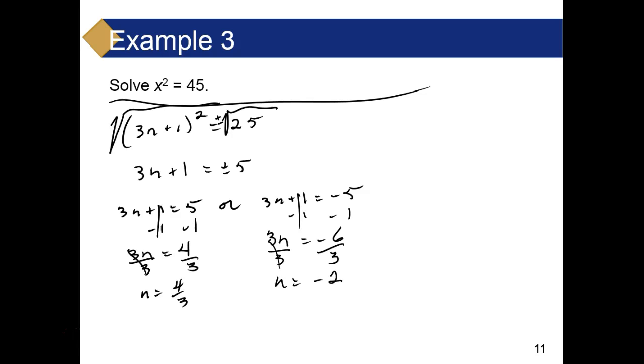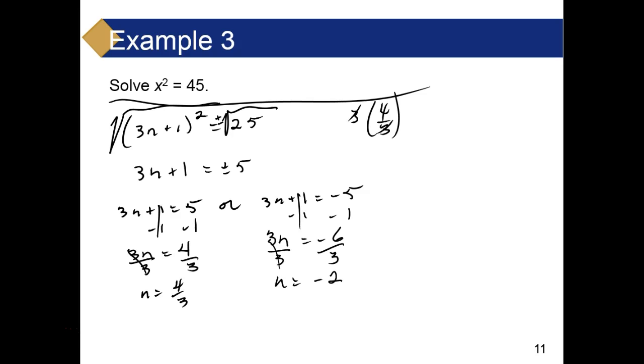It's 4, yeah. 3 times 4/3. The 3's go out because they're dating. No, I'm sorry. That just leaves us a 4. Okay? That's what this is. 4 plus 1 is 5. 5 squared is 25. That one works.